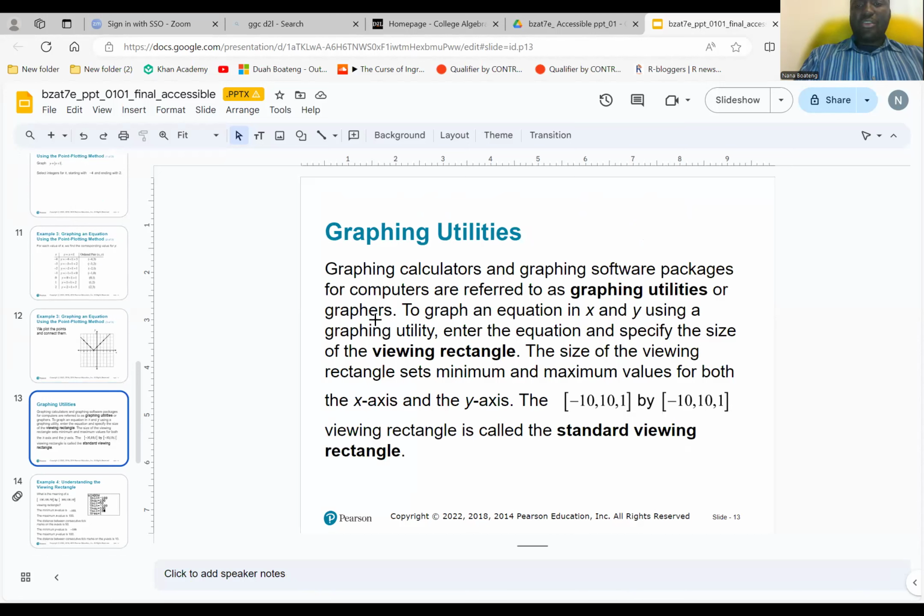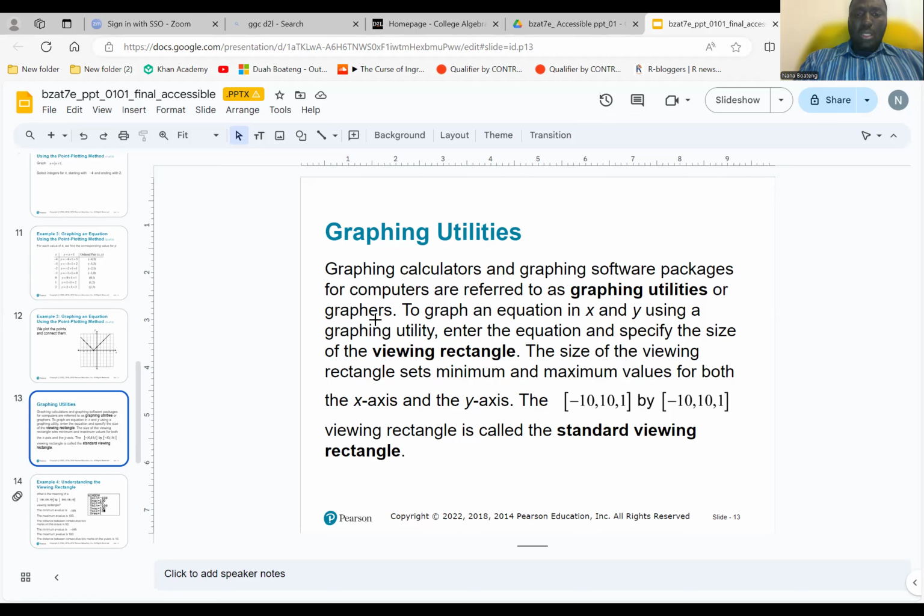All right, so graphing utilities, when we talk about graphing utilities, we mean software packages for computers that allow us to plot graphs. So the TI-83 has a graphing utility that can be used to plot graphs. And there are several computing software that have functions that allow us to plot graphs.